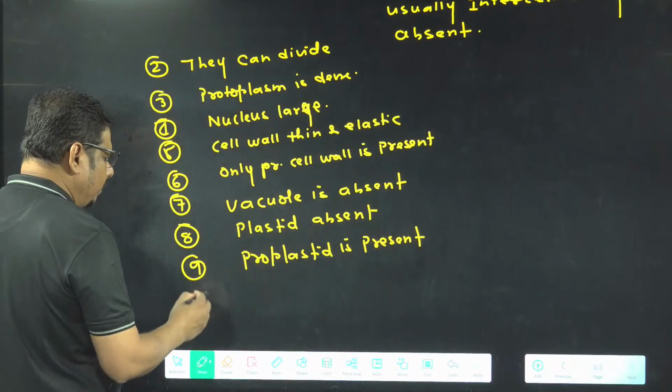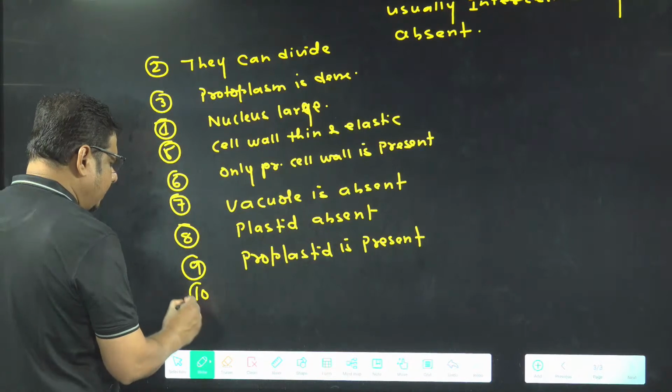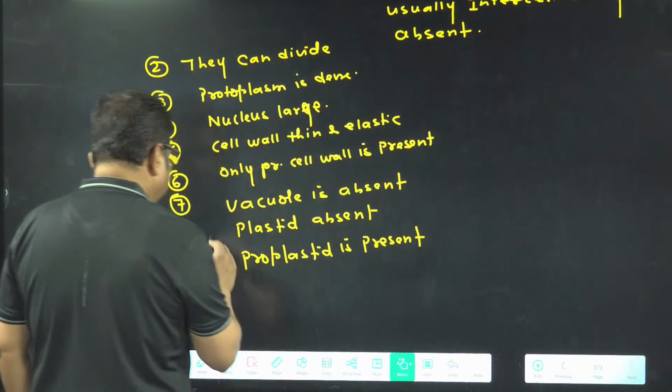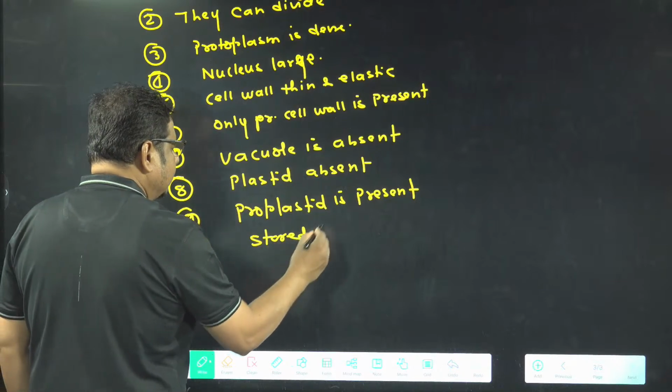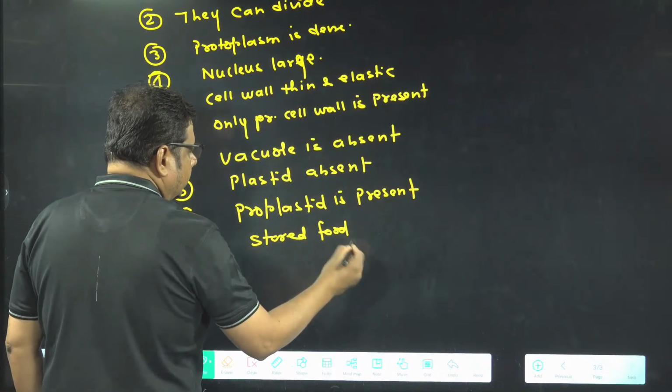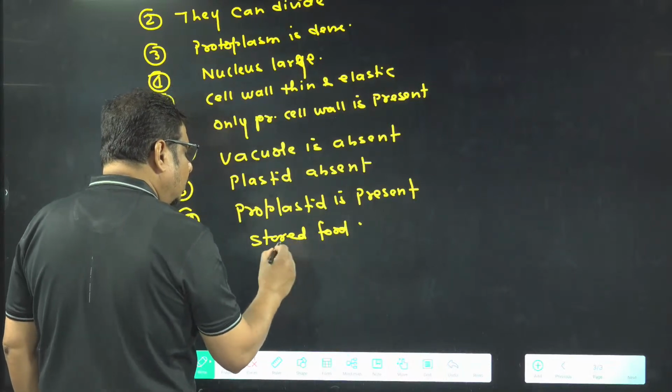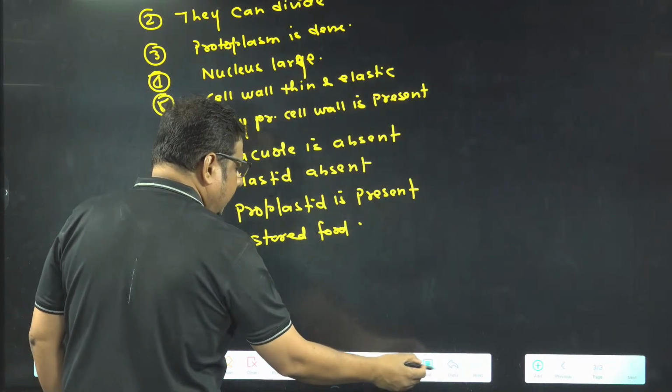Proplastid converts into plastid. Getting the things? Tenth character, stored food is absent, or you can say storage material is absent.